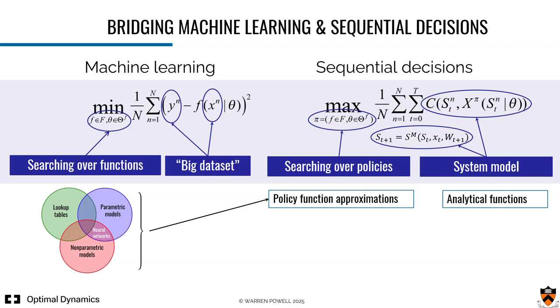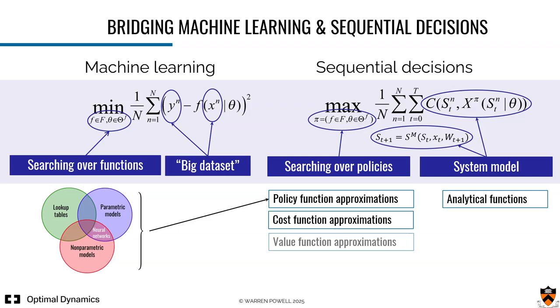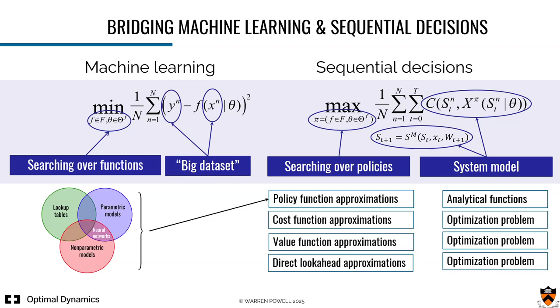You don't need an actual model of the problem, but for sequential decisions, you do need a model of the problem. You need an objective function, and you need the physics.